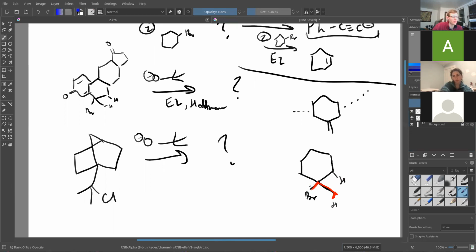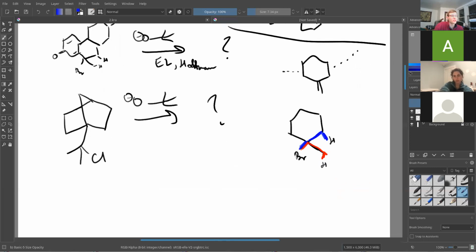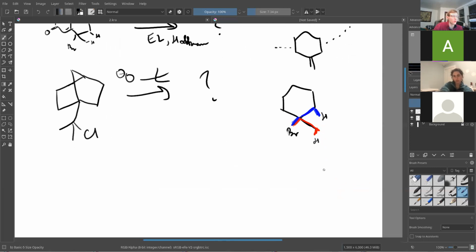And then we also have these two separated by 2 carbons. Another way that I could draw this, which might be a little bit more intuitive, is if I were to draw it like this, and then there's a methyl over here, and I could even draw it anti-periplanar, right?